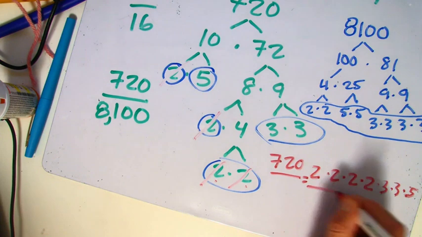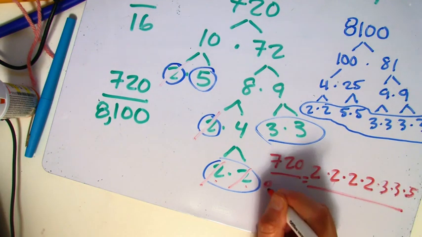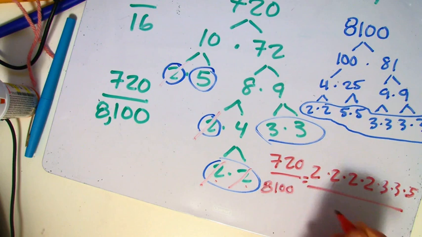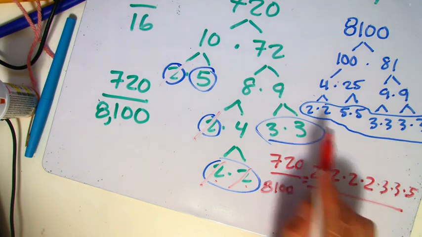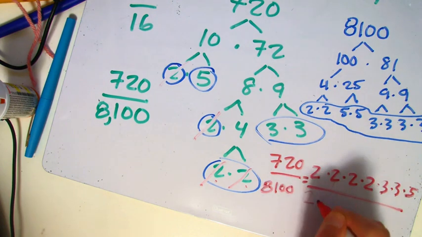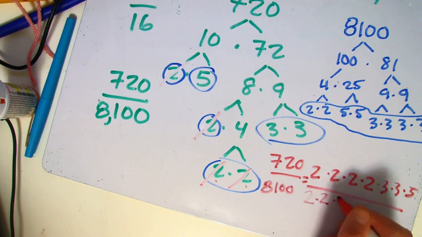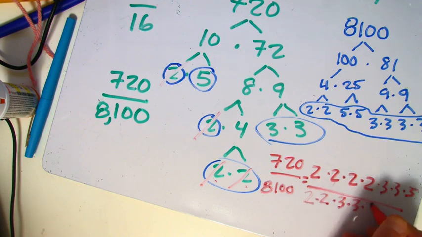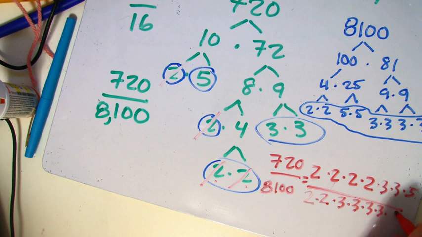Okay, hopefully you can see that. Now for 8100, I have 2 times 2 times 3 times 3 times 3 times 3 times 5 times 5.